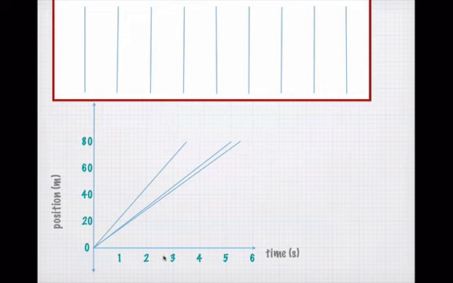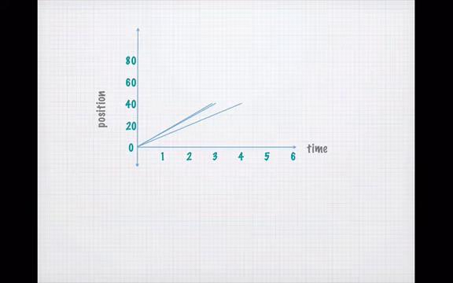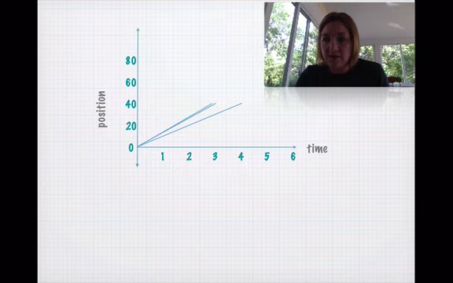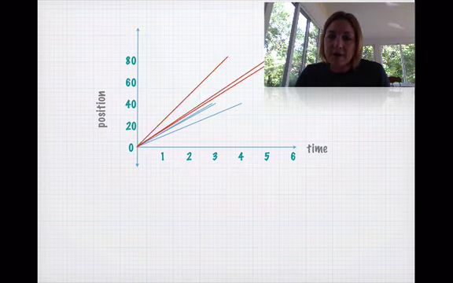Let me go through here. All right, so if we looked at just the first 40 meters of the race and plotted that out, this is what the position time graph would have looked like. So yes, the blue car was still in the lead, and it was the blue car that's still the steepest slope there. But because of the second 40 meters, if we plot the whole thing, in other words, these red lines are the same that we just saw in the previous graph.